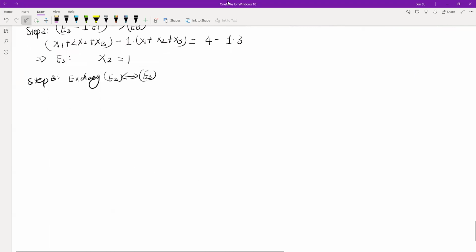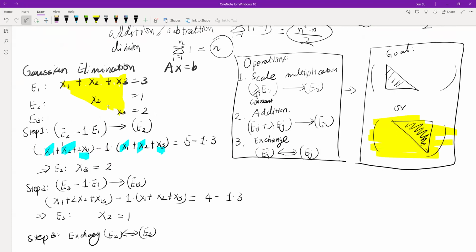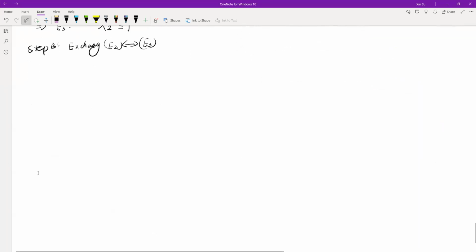And elimination means that you are going to eliminate the elements below the diagonal. You're going to eliminate all the elements here by the row operation, these 3 basic row operations. I'm going to show you the corresponding matrix format here.